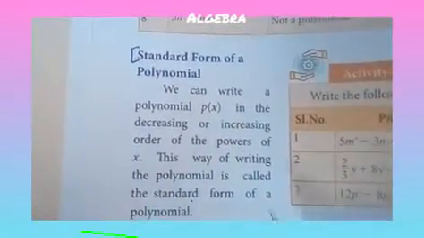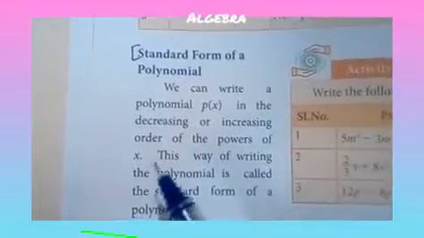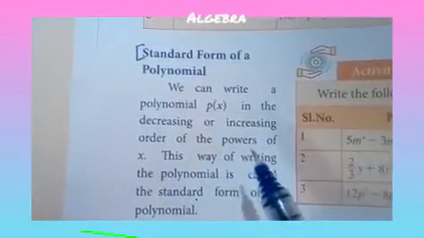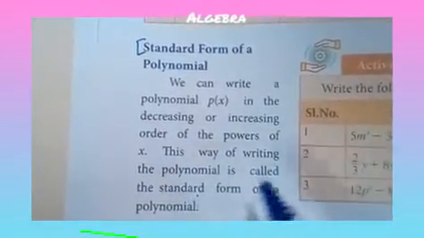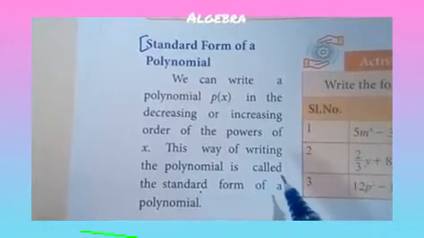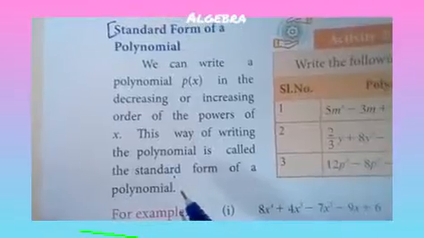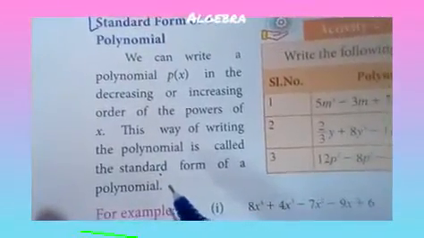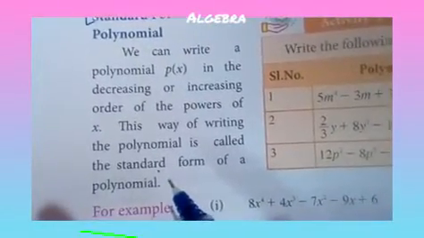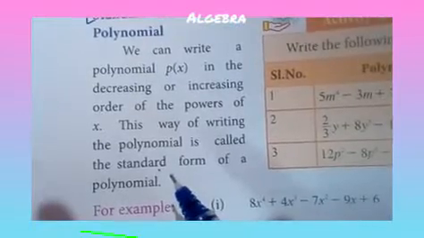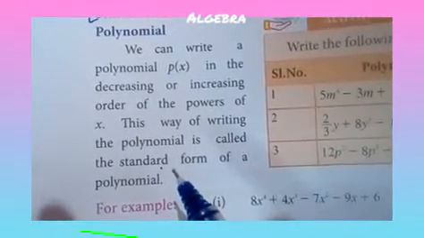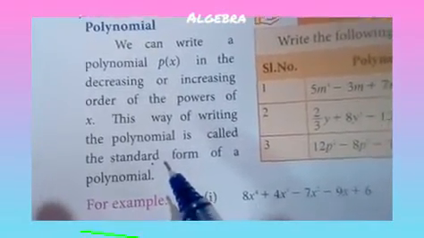Next is the standard form of a polynomial. We can write a polynomial p of x in decreasing or increasing order of the powers of x. This way of writing the polynomial is called the standard form of a polynomial. What is the meaning of this? For any given expression, we have to write it in increasing order, ascending order, or descending order of the powers.